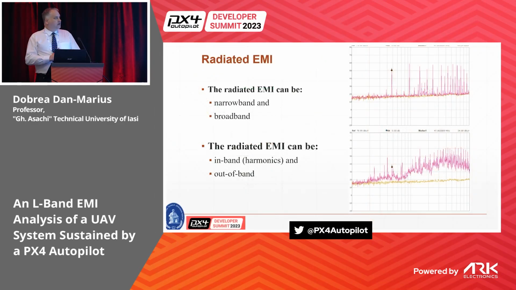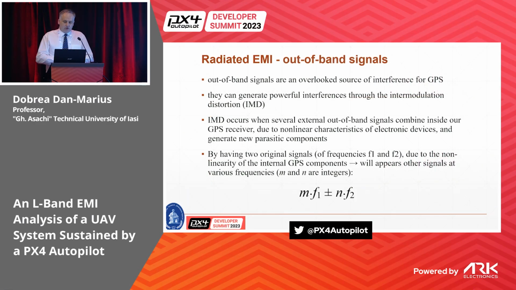The radiated electromagnetic interference can be narrowband, broadband, in-band, like harmonics generated by a telemetry unit, for example, and out of the band. The out-of-band perturbations are one of the sources that are not taken really into consideration, but they can generate powerful interferences, mainly due to the intermodulation distortion mechanism.